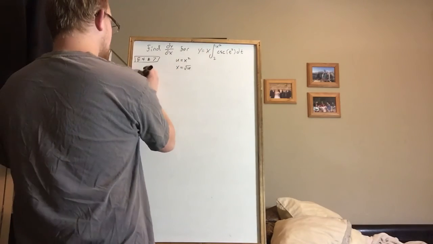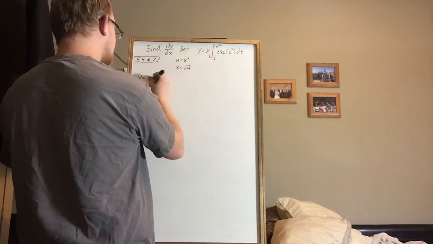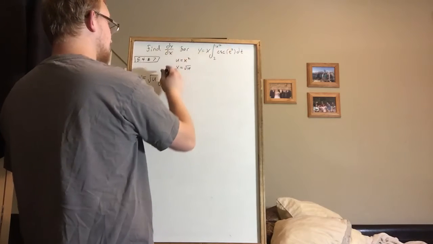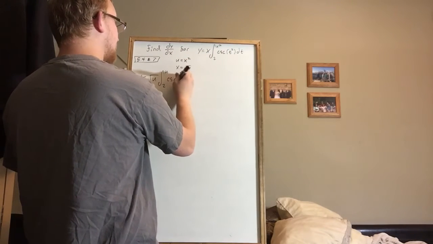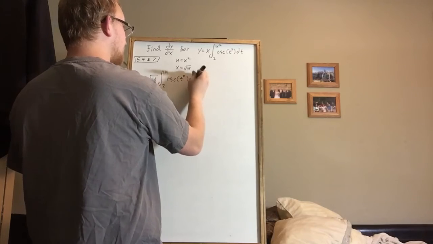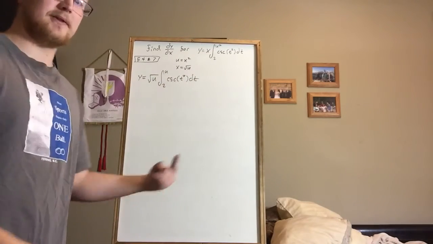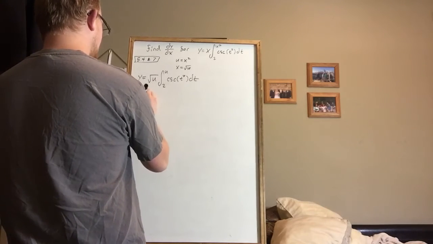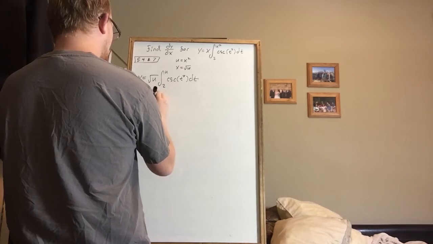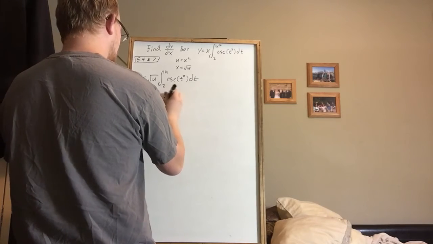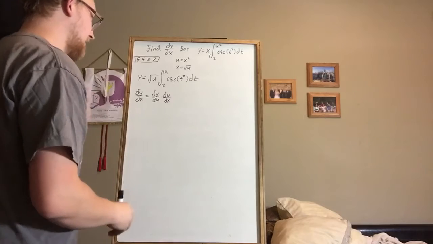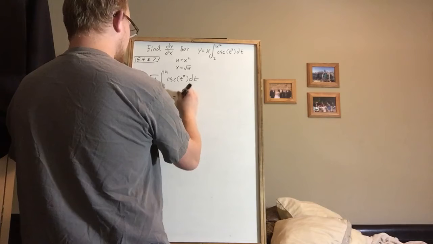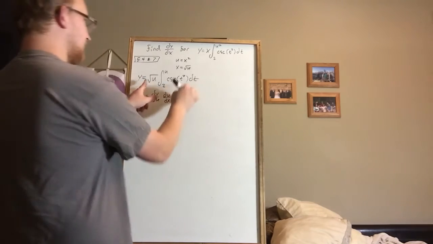And so now I can substitute in here that y equals the square root of u times the integral from 2 to u of cosecant t squared dt, since x squared equals u. We want to look for dy/dx. Well, we can write dy/dx using the chain rule as dy/du times du/dx. If this is y, then dy/du is the derivative with respect to u of this expression.